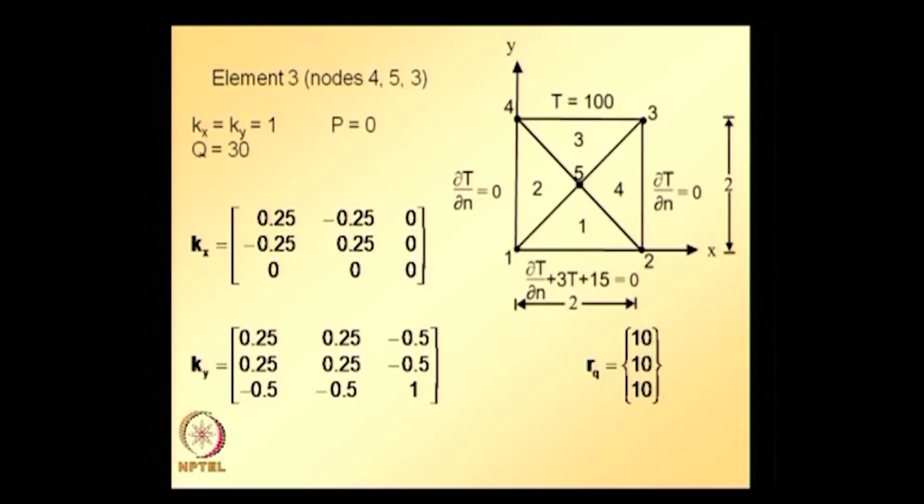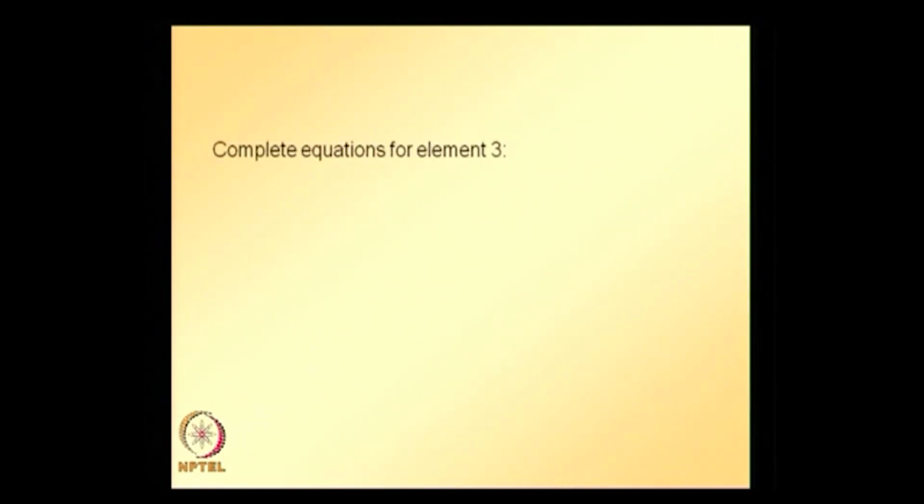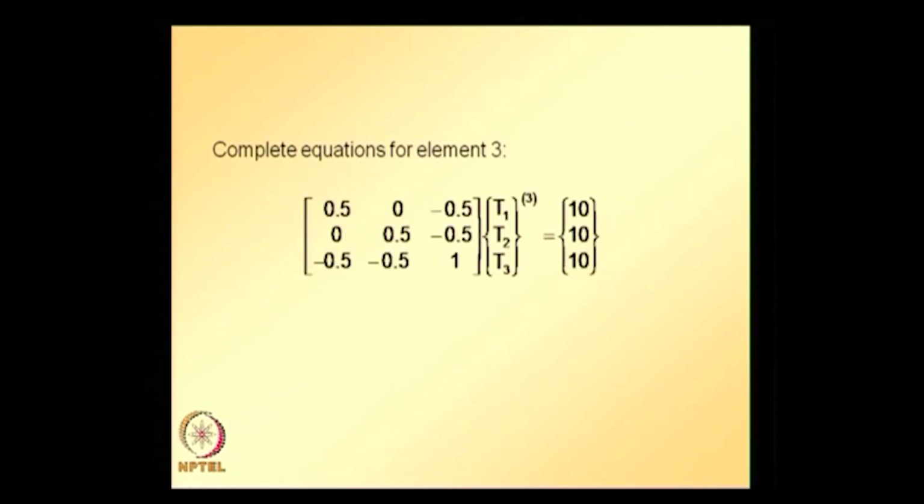Along any of the sides of this element a natural boundary condition is not specified. So, K alpha and R beta are going to be 0, P is 0, that is why Kp is equal to 0. So, complete equations for element 3 are given by this.